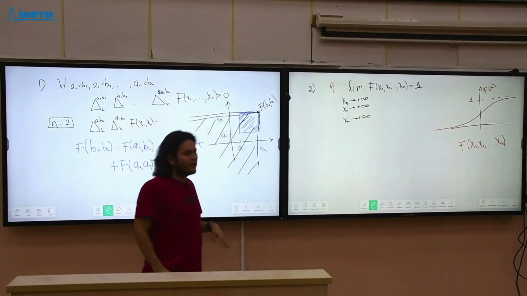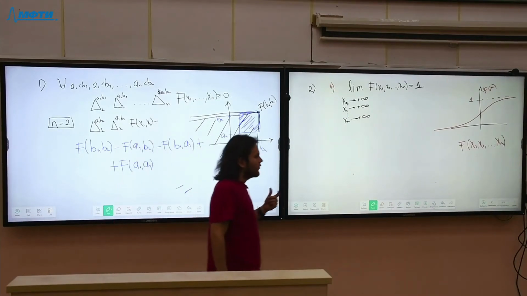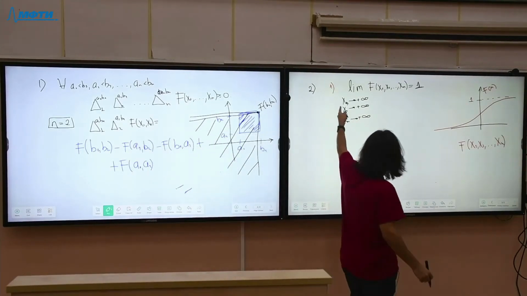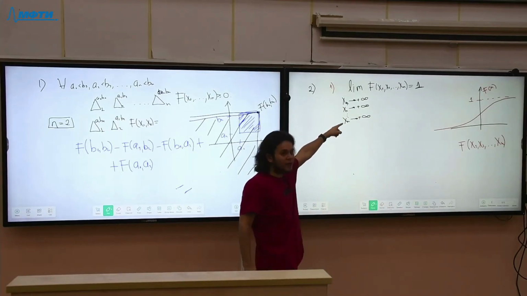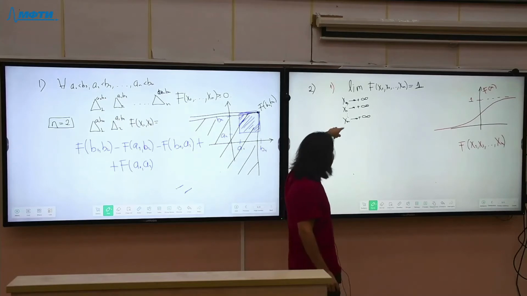So it means that the probability that the first random variable, the second random variable, and the nth random variable are less or equal to plus infinity, of course, is 1.